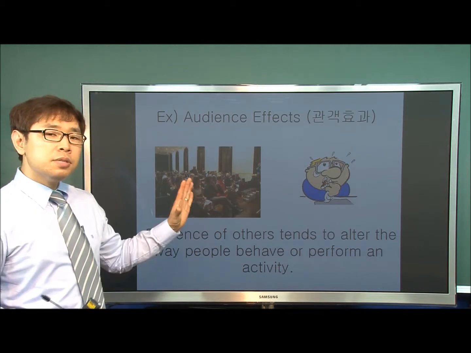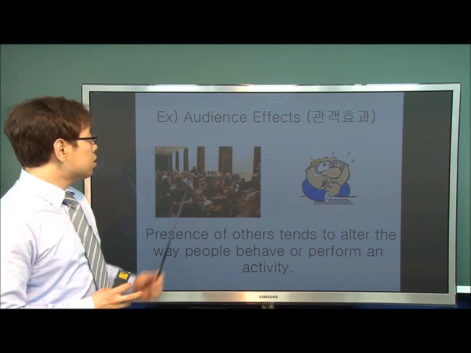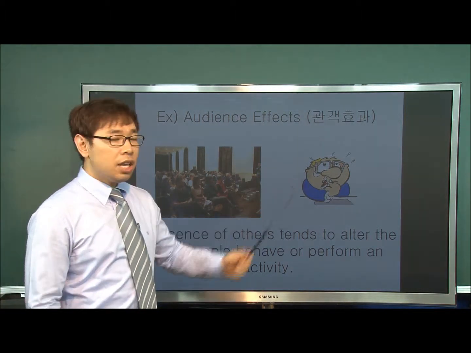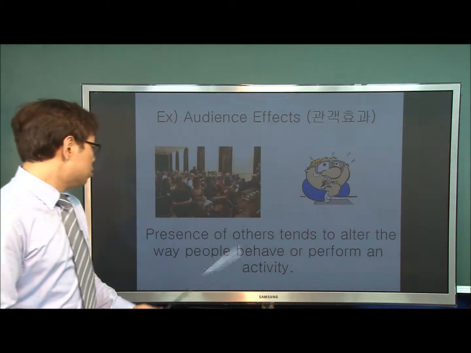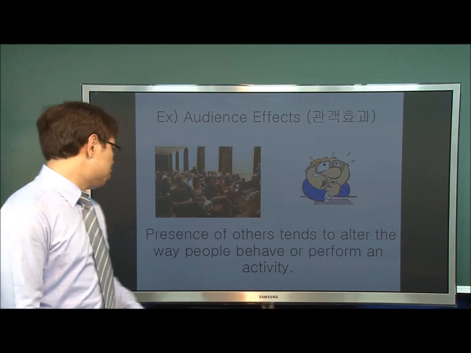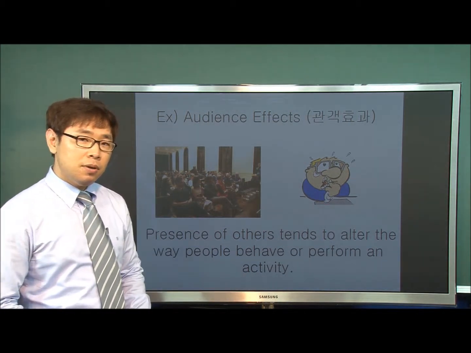This is more important. It talks about the audience effects. In Korean, it's 관객 효과. This says the presence of others tends to alter the way people behave or perform in an activity.